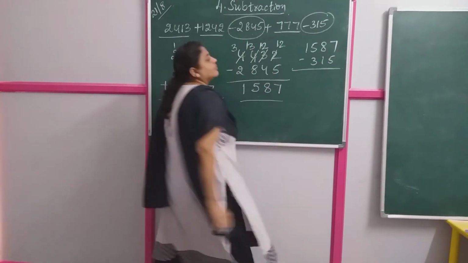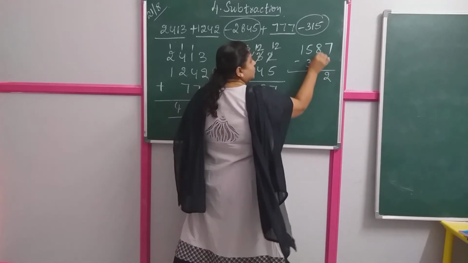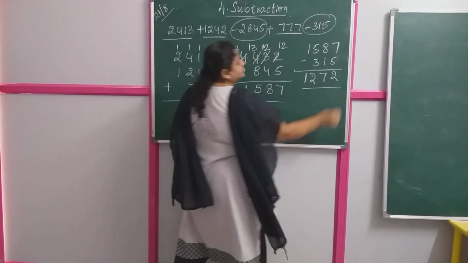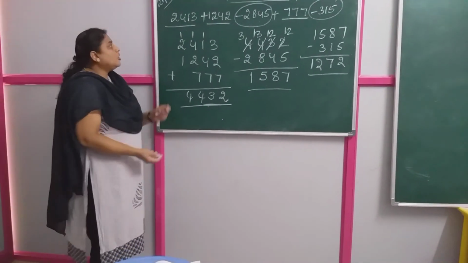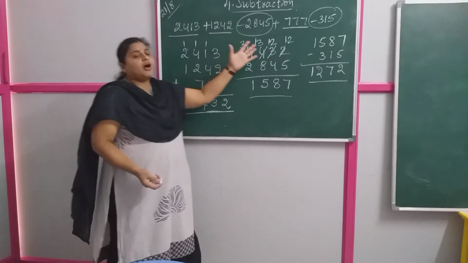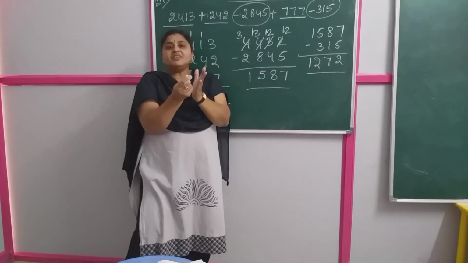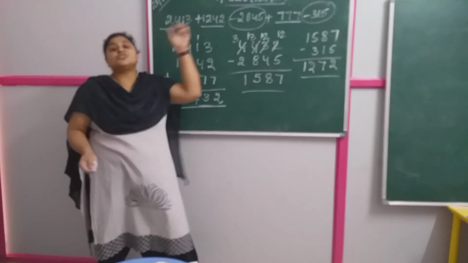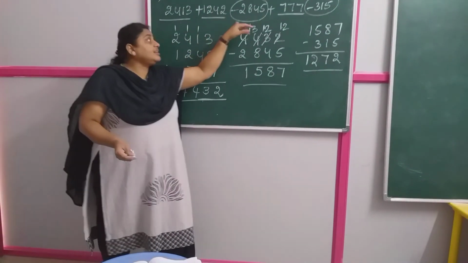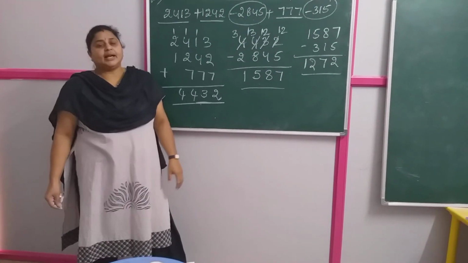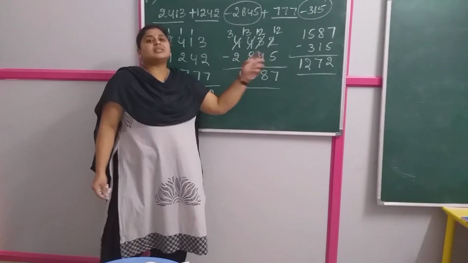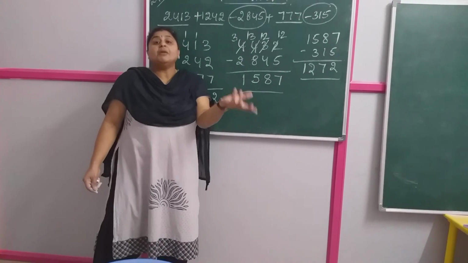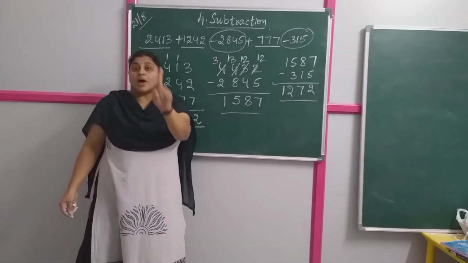Alright. Now whatever number we got from this, again we have to subtract 350. So 7 minus 5, 2. 8 minus 1, 7. 5 minus 3, 2. So the answer is 1272. Got it, children? So first, when you have such a problem, combined with addition and subtraction, underline the numbers that have to be added and circle the numbers that have to be subtracted. From one number you cannot subtract two numbers together, children. You can add as many numbers, but you can subtract only one number.